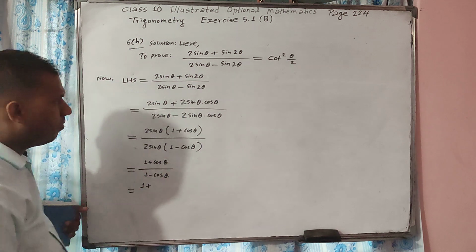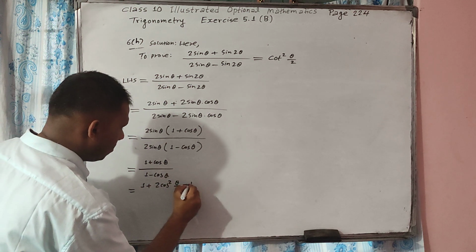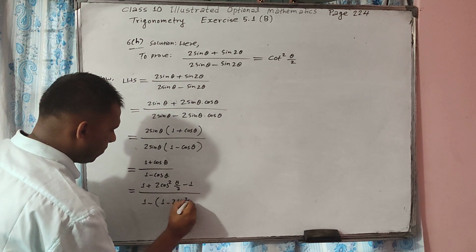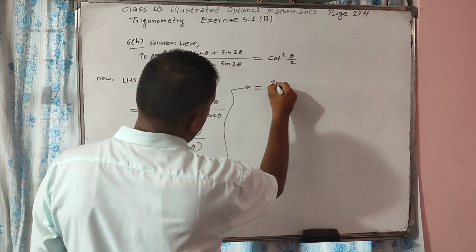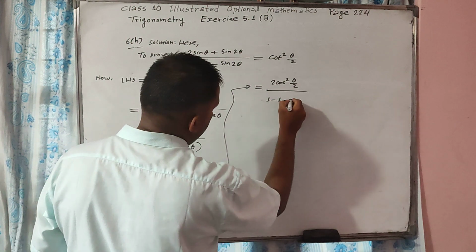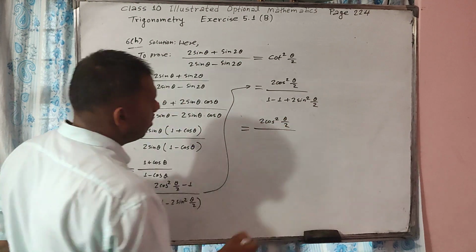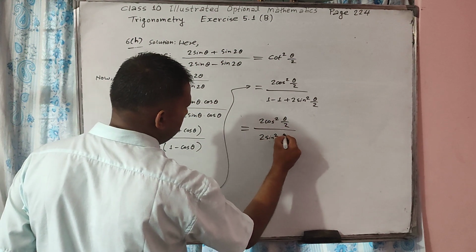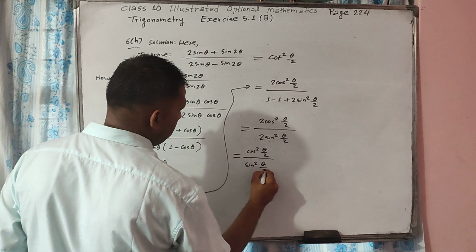Now 1 plus cos theta in half angle form is 2 cos square theta by 2, and 1 minus cos theta in half angle form is 2 sin square theta by 2. 2 cancels out, cos square theta by 2 upon sin square theta by 2.